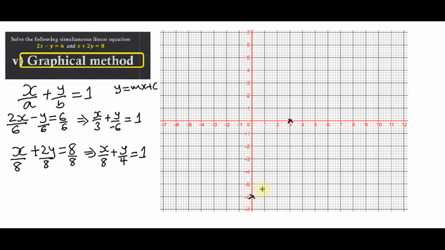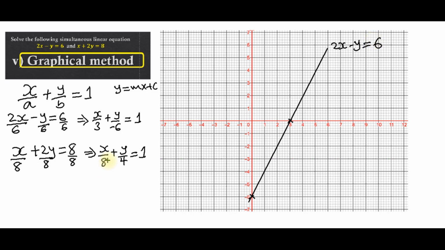So I'm going to draw a straight line passing through minus 6 and 3. This line is the original equation 2x minus y is equal to 6.